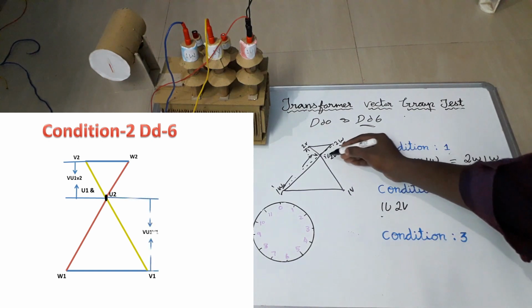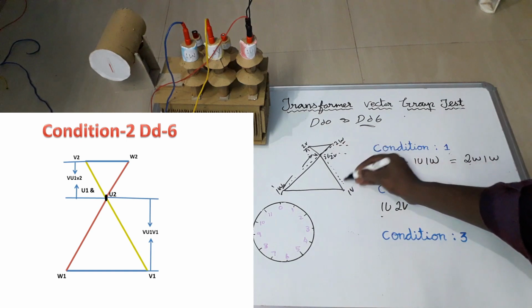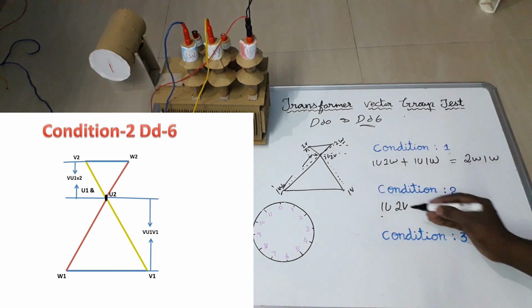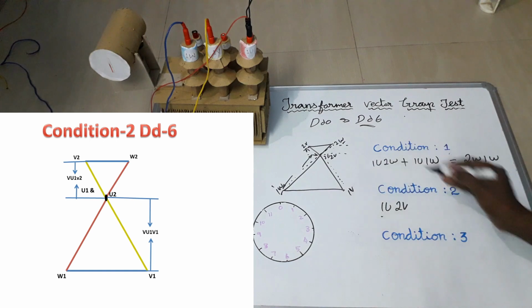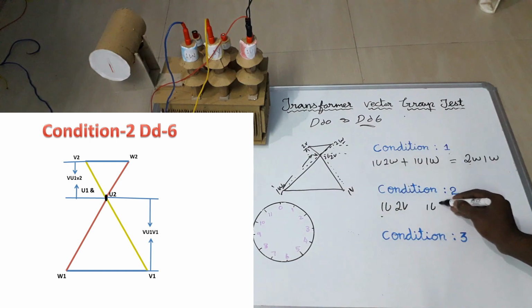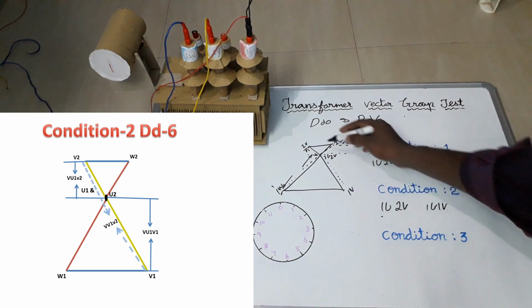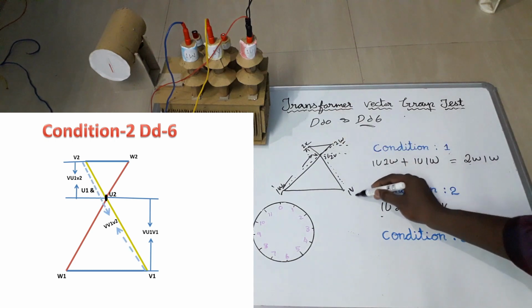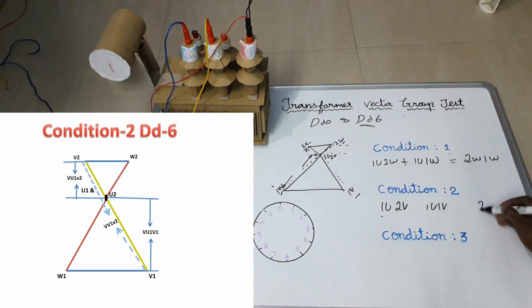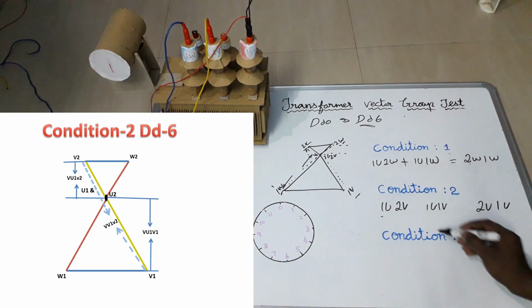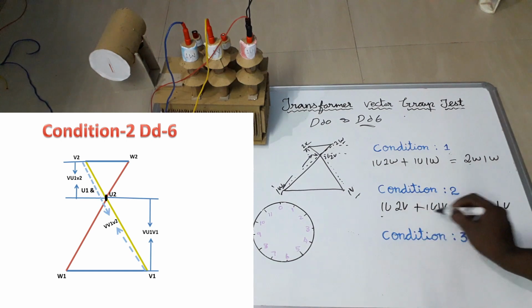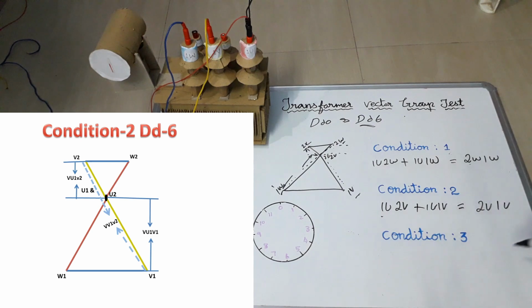Second, I'm going to check this 1U and 1V. Third, I'm going to check voltage between 2V and 1V. When you sum this value, it should be equal to this 2V 1V voltage.